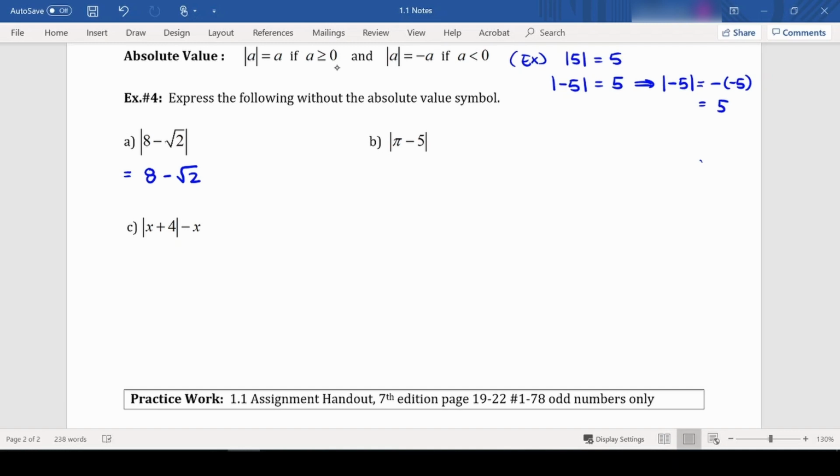This is negative. So this is going to have to equal the negative of itself. Or you can write it as negative pi plus 5. Okay. So this here, we're in this situation, a is greater than or equal to 0. And this here, we're in this situation, a is less than 0.